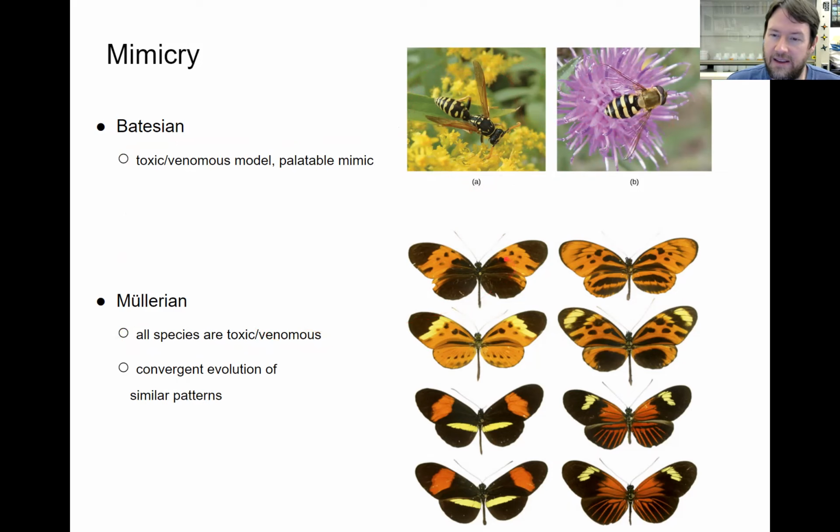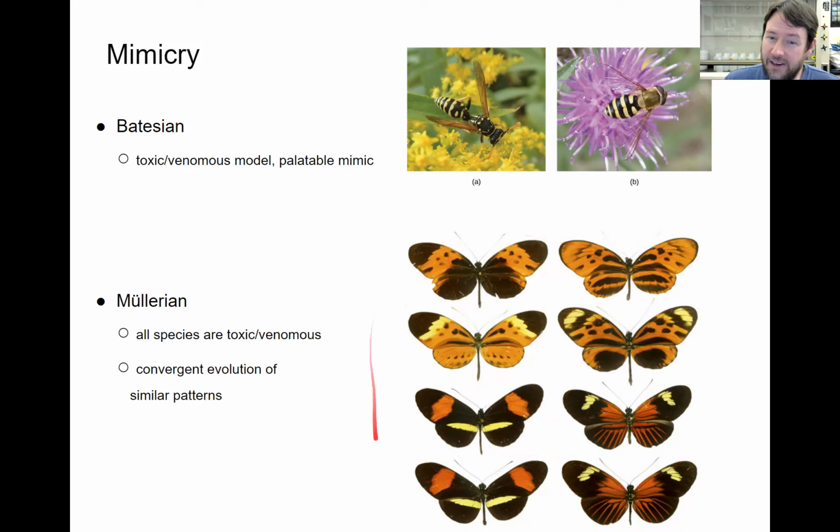And here are some examples of butterflies. I want to say Heliconius butterflies or Heliconia species from the tropics, but basically they've all got these orange and black patterns, or orange or black and yellow. All of these look like they shouldn't be eaten. And it turns out all of them are toxic. They're different species, but kind of related species, but they all have different toxins in them.